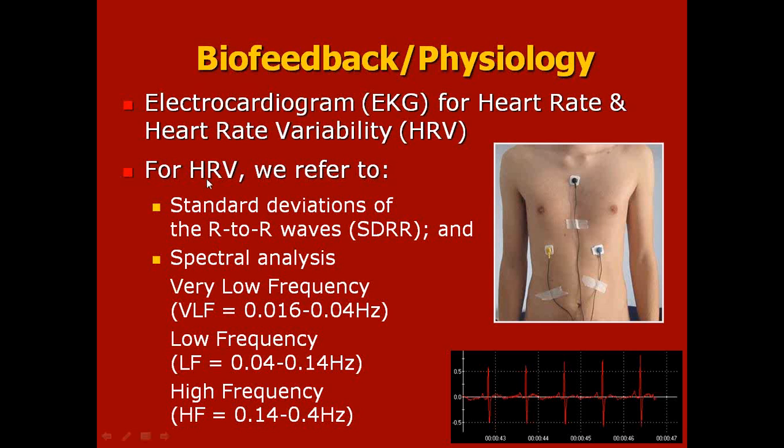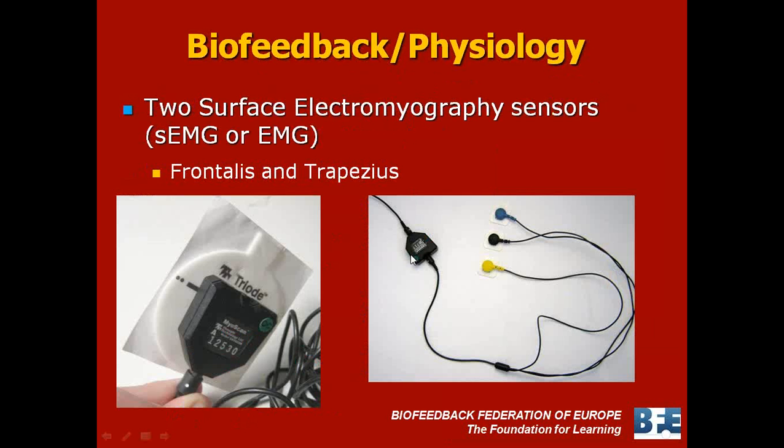In terms of heart rate variability, the statistics we derive from that heart rate, we look at the SDRR, the standard deviation of the R to R waves, and we also do a spectral analysis. We look at the heart rate rhythms of very low frequency, low frequency, and high frequency. We examine the activity of 2 muscles, the frontalis and the trapezius, throughout the assessment and training.